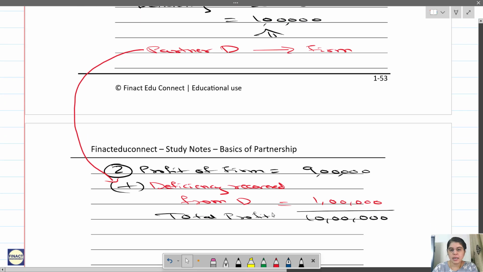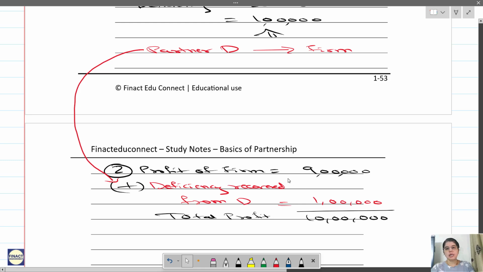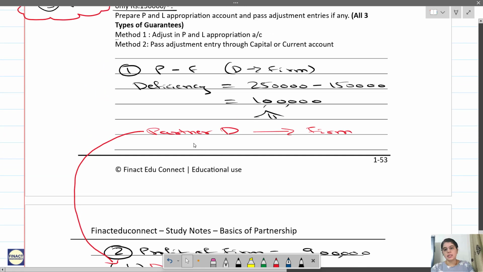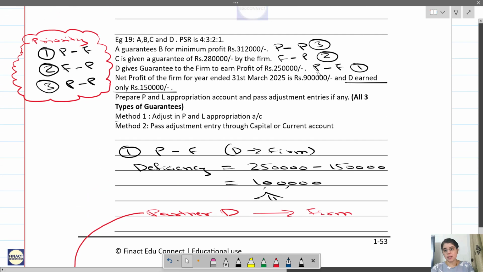See, whenever multiple guarantees are there in one question, always remember the sequence. Okay, what is the sequence? First we will fulfill whatever is the guarantee from partner to firm, then firm to partner and partner to partner. That much is clear. Now see here, first we saw what is a partner to firm guarantee.